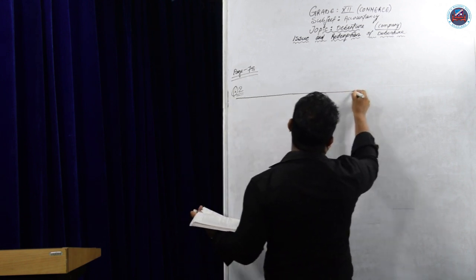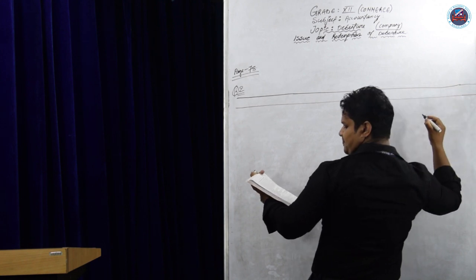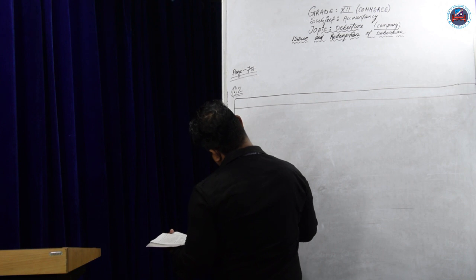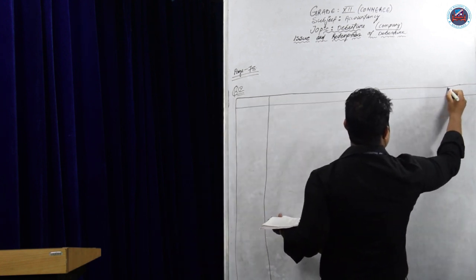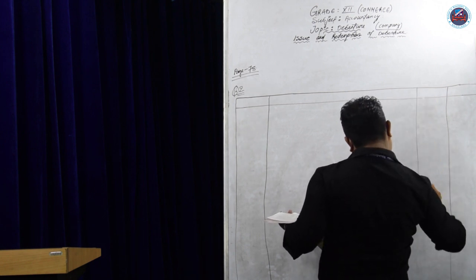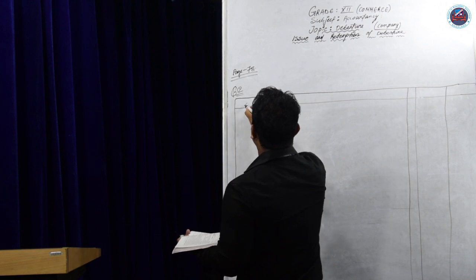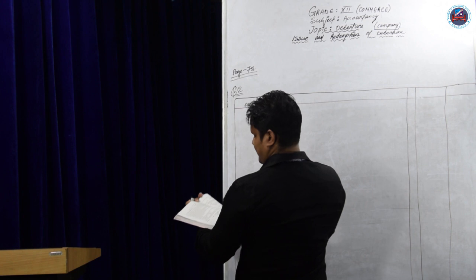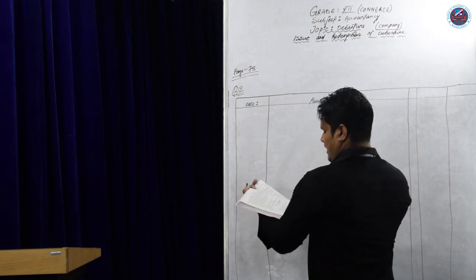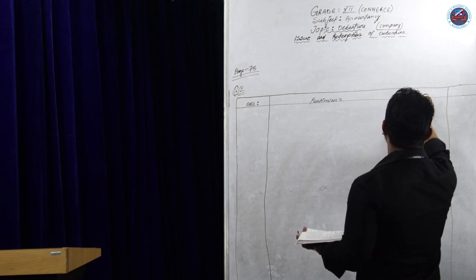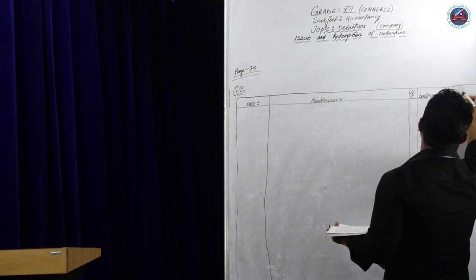Here will be the journal entries format: date, particulars, LF, debit amount in rupees, credit amount in rupees.